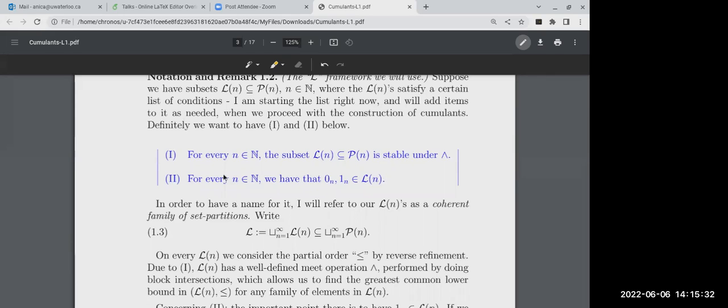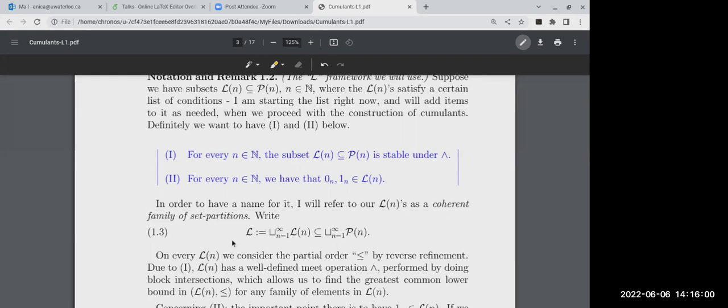I start with 1 and 2. I want L of n to be stable under wedge, so these intersections block by block, I want them to be there. And then to have something to start with, I'll take the minimal and the maximal partitions to be in L of n. I'll call this a coherent family of set partitions.